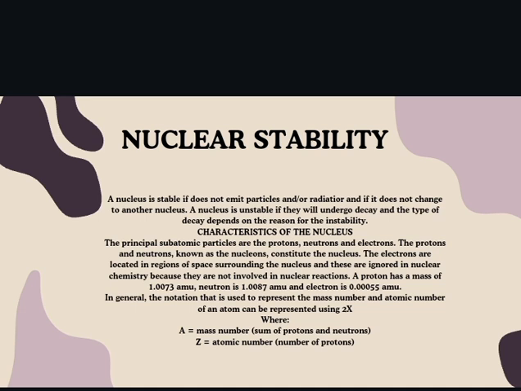In general, the notation that is used to represent the mass number and atomic number of an atom can be represented using A and Z, where A equals the mass number, the sum of protons and neutrons, and Z is the atomic number, the number of protons. Nuclear stability means that the nucleus of an element is stable and thus does not decay spontaneously, emitting any kind of radioactivity.